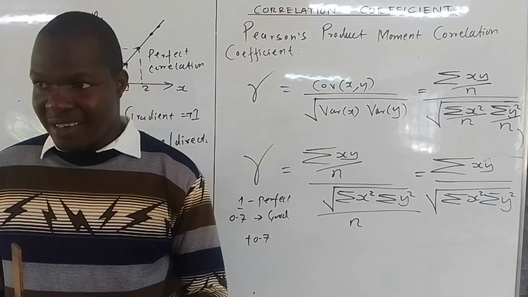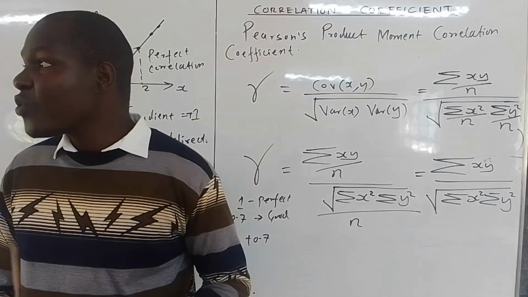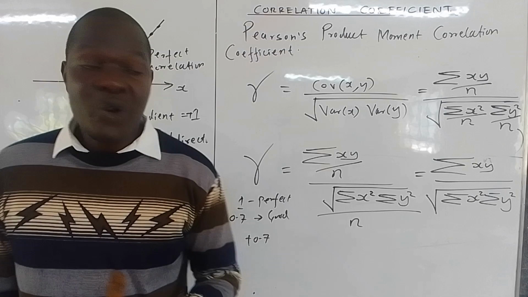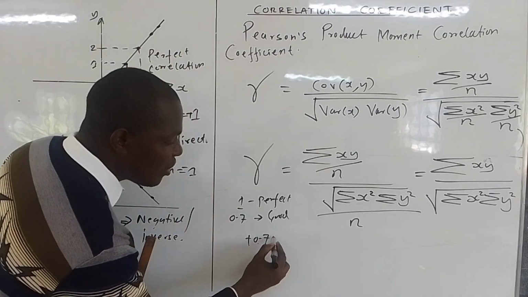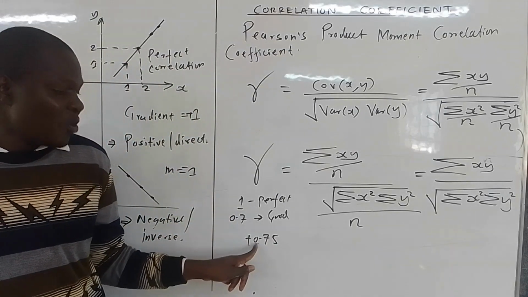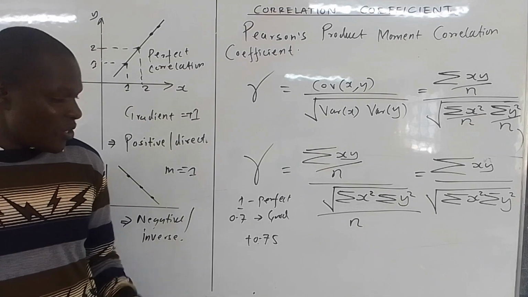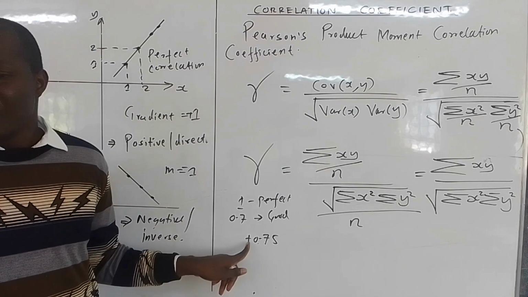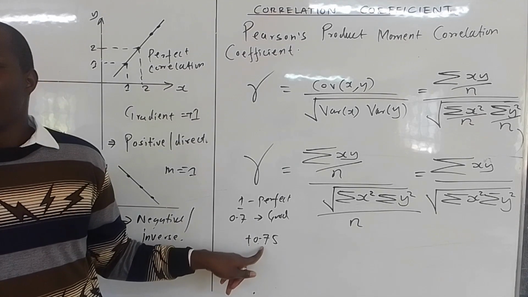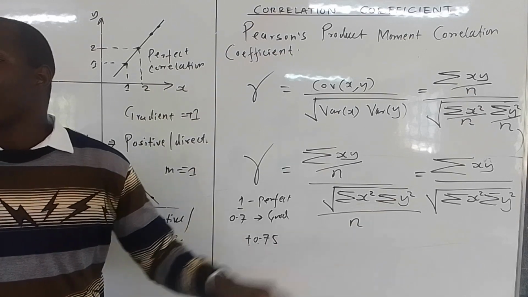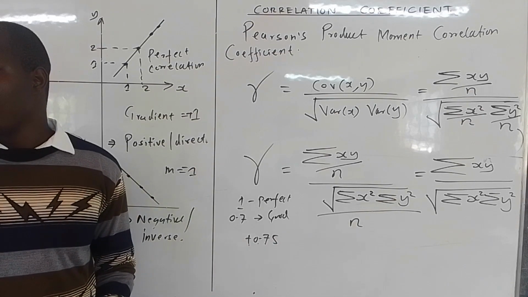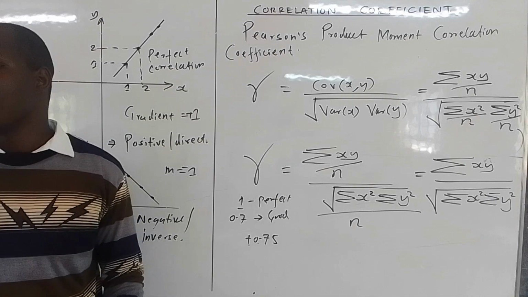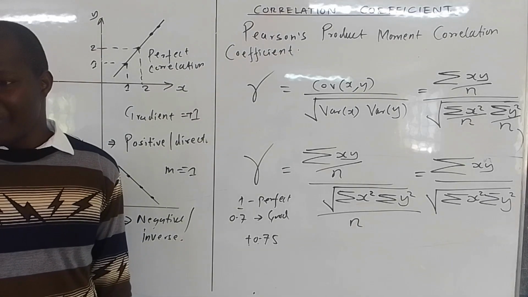Above 0.7 you say good. So if you get a correlation of positive 0.75, positive means direct, so there's a good direct relationship, or correlation, between those two variables. Are we together? Are you seeing how it is defined?